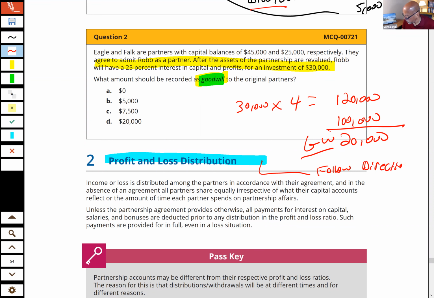I mean, there's no accounting rule or system that I can point to that talks about how you're supposed to do this, because it depends on what the partnership agreement is. But they do want to see, can you read a set of directions like something you might see in a partnership agreement, and then follow those directions.